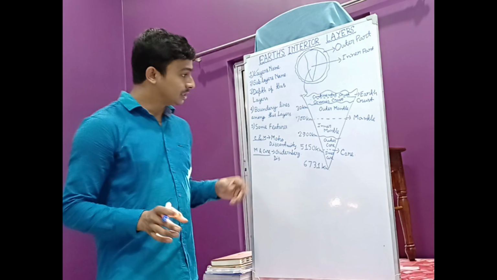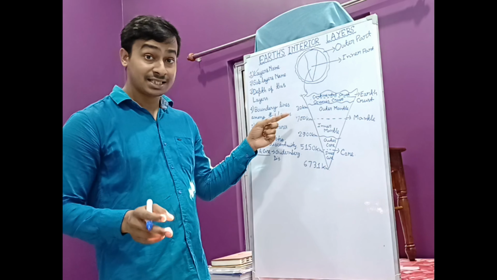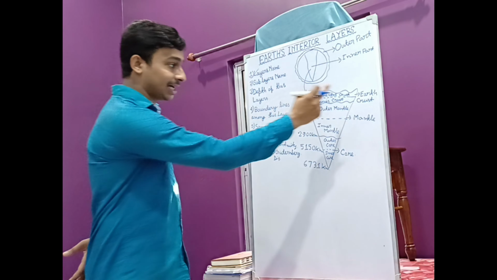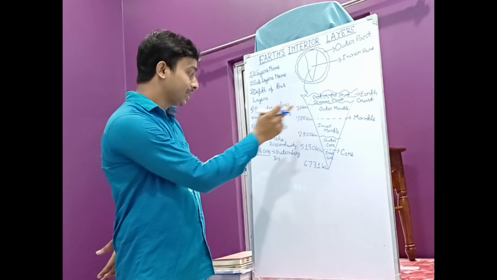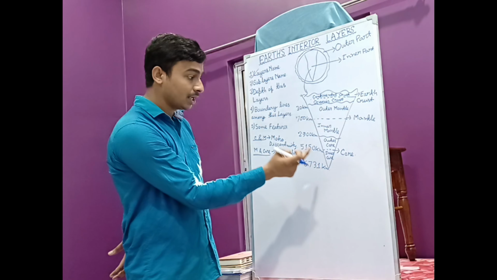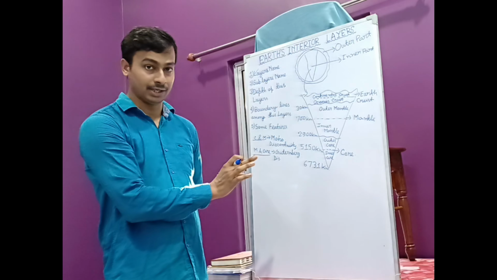Okay, this discontinuity is present between these two main layers. Between crust and mantle is Moho discontinuity, and mantle and core is divided by Gutenberg discontinuity.